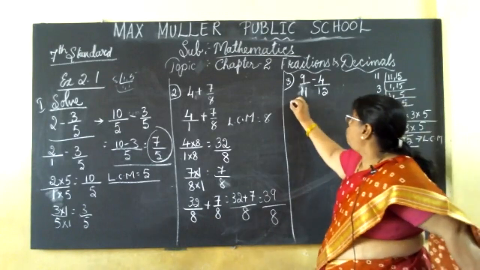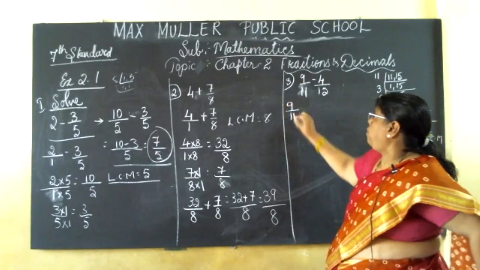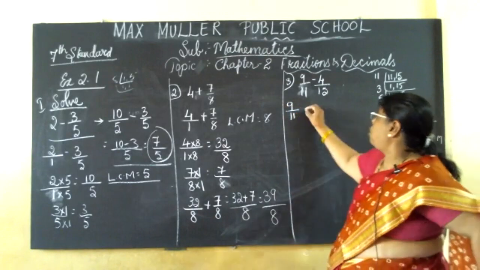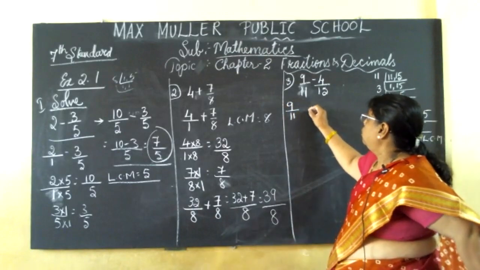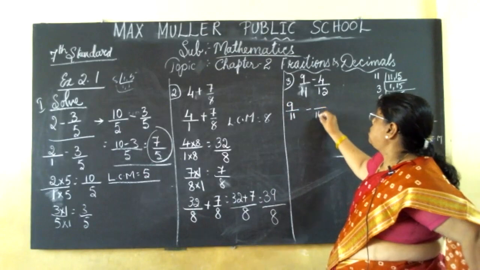Now we have to equalize the denominator. So what we will do? 9 by 11. LCM what we got? 165.